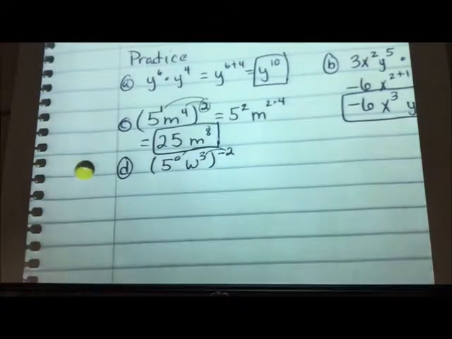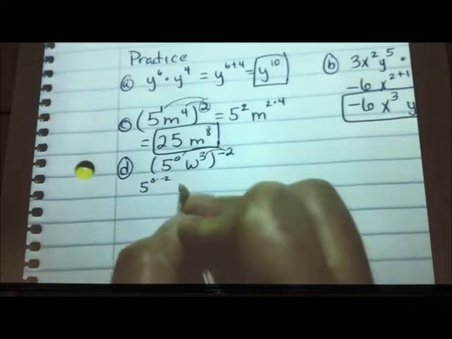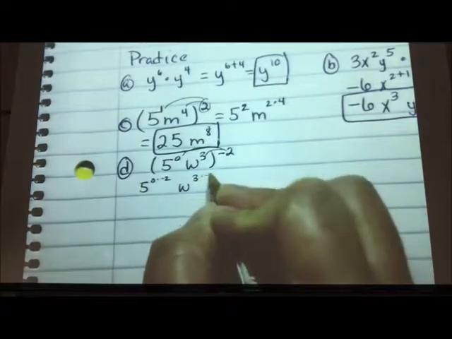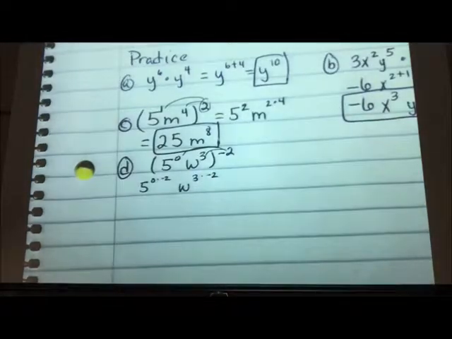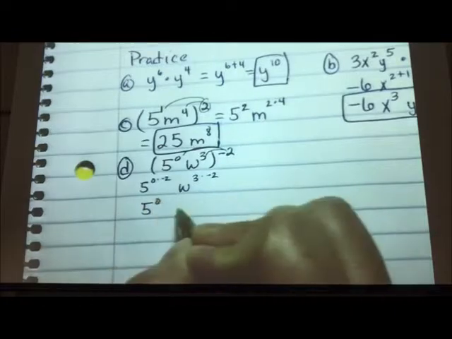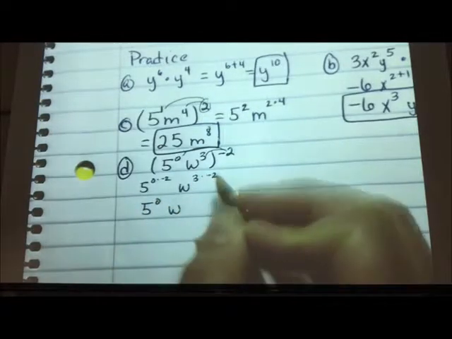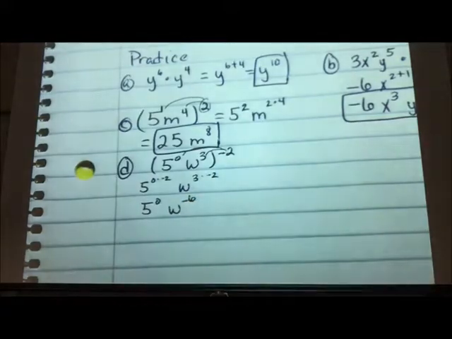And it's negative 2 outside. So 0 times a negative 2 and 3 times a negative 2. 0 times a negative 2 is just 0. W 3 times a negative 2 is a negative 6.